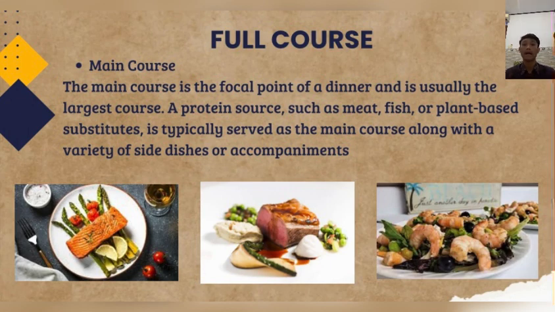A key component of meal planning is choosing the main course, which attempts to deliver a satisfying and well-balanced gastronomic experience. The main course ingredients are usually arranged to go well together, providing a pleasing fusion of tastes, textures, and nutrients.